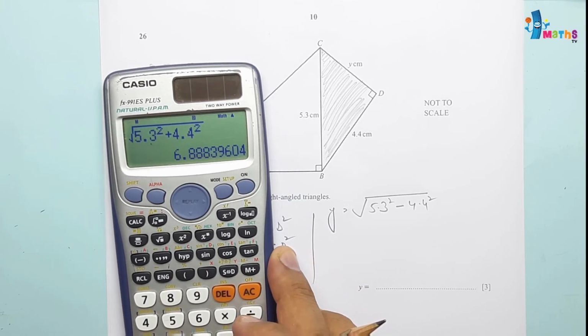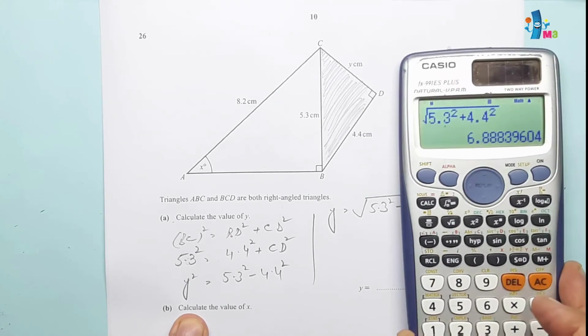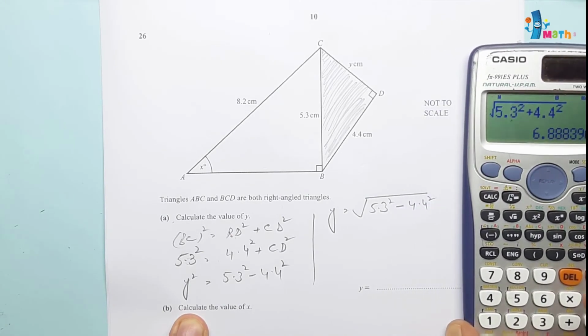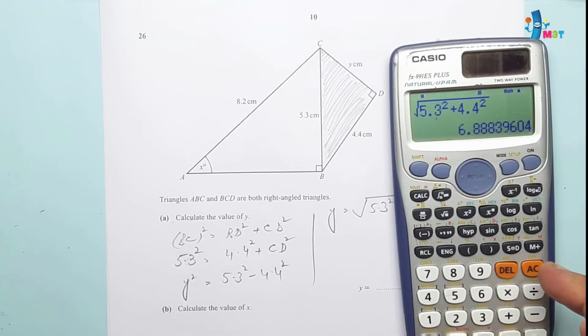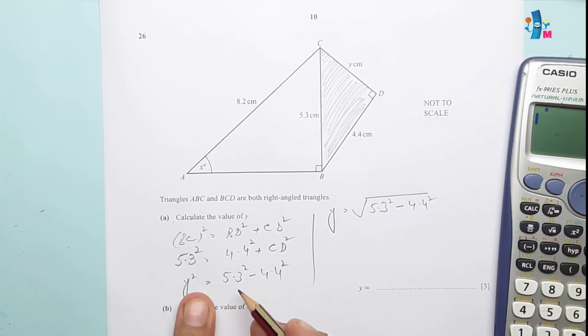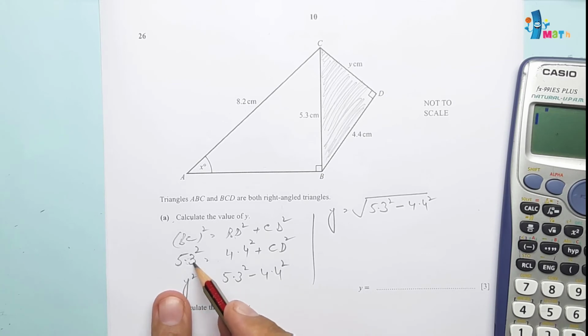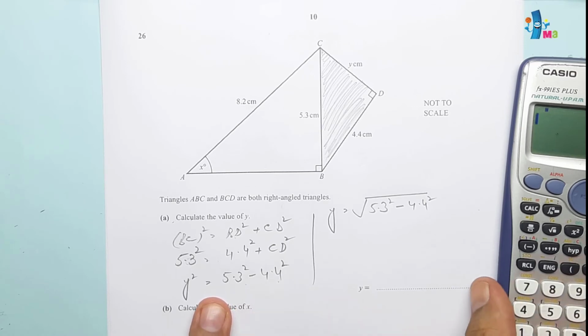We are making some mistake. Basically, 5.3 squared minus 4.4 squared. We'll check the calculation again. Basically this should be the square root of 5.3 squared minus 4.4 squared.